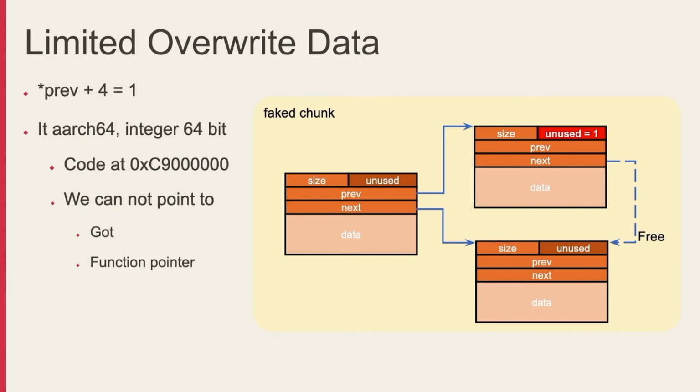The unused bit must not be 0. Since secure boot is 64-bit, we cannot overwrite the GOT entry, function pointers in data segment, because the unused bit is in the higher part of the address, which will always be 0 when the data is a pointer.